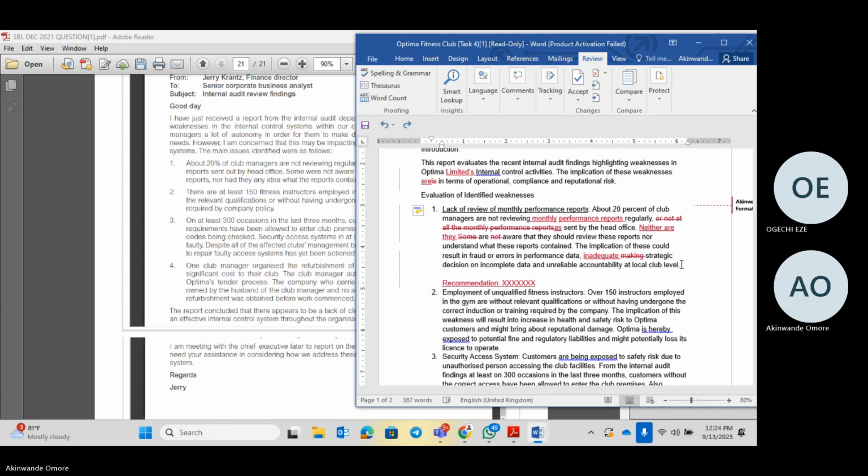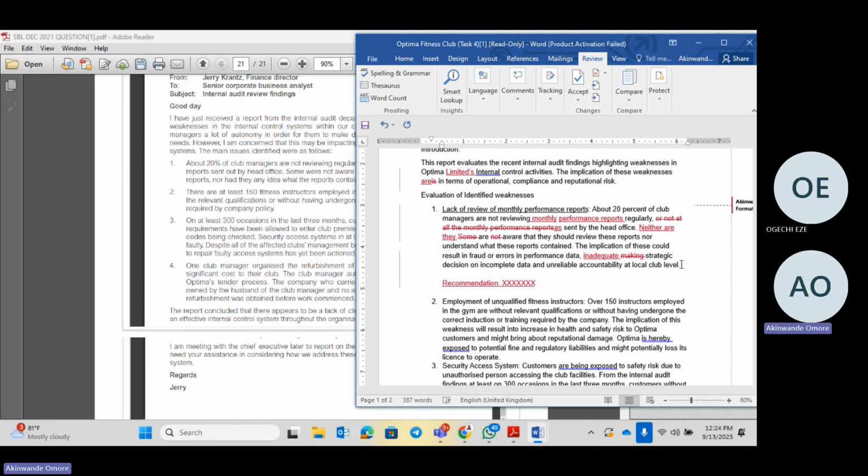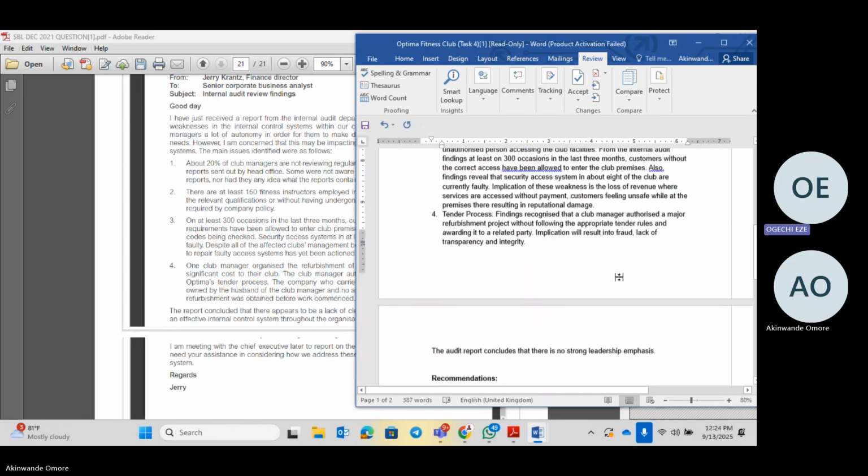So you see now, the recommendation is missing. So from the weakness that you have seen, you will now embed what we call your recommendation to address this particular weakness. Or did she put the recommendation down? I don't know. Maybe when we get down, we'll see it.